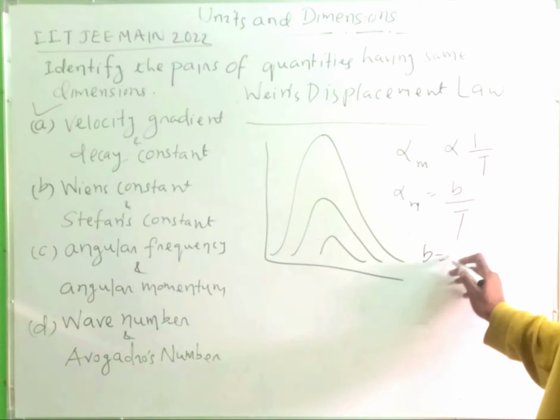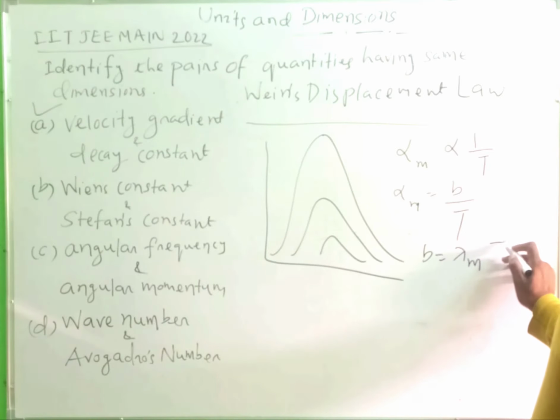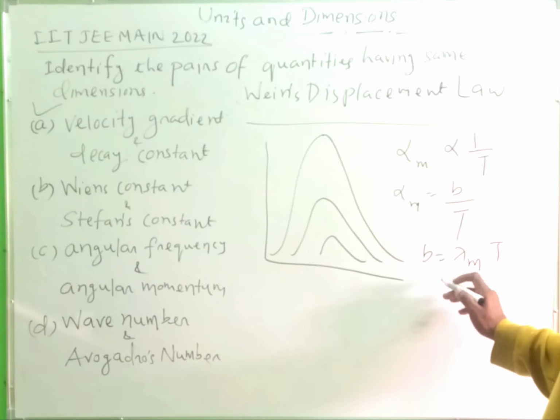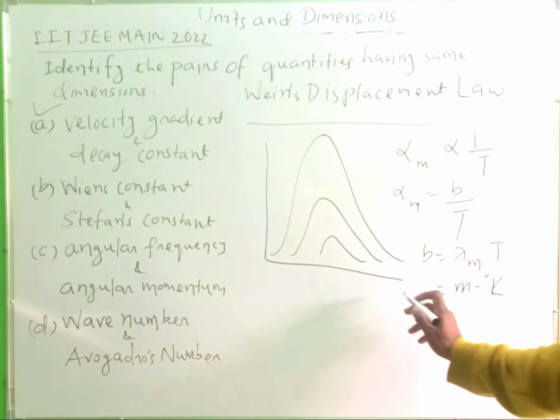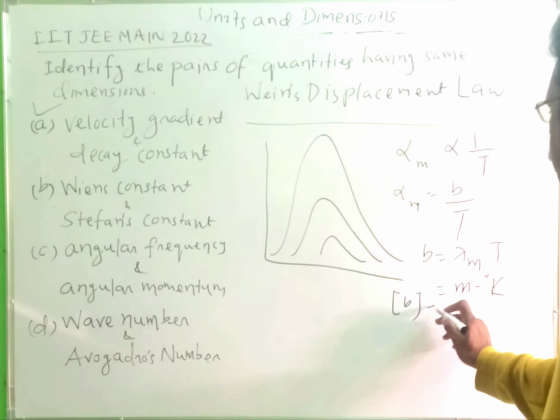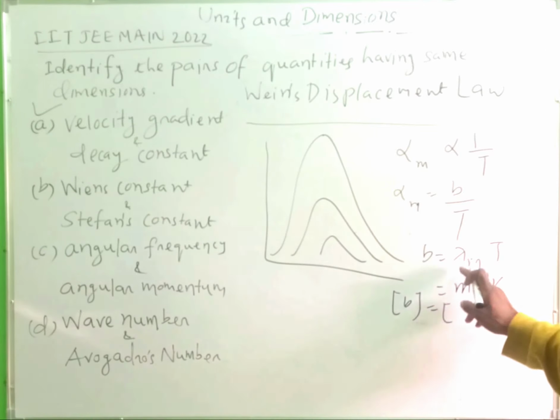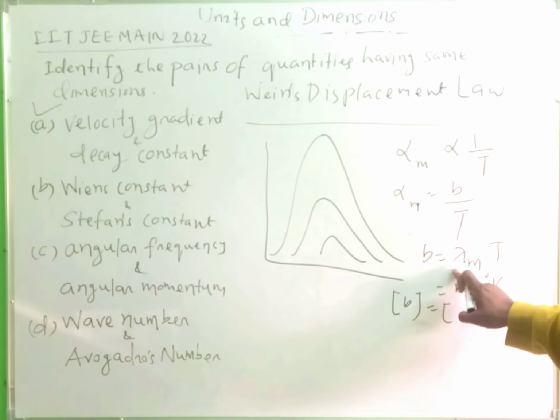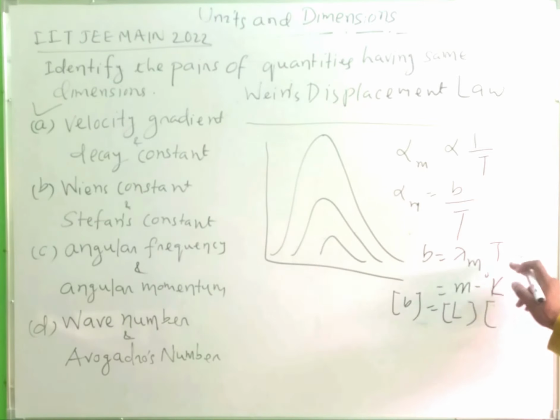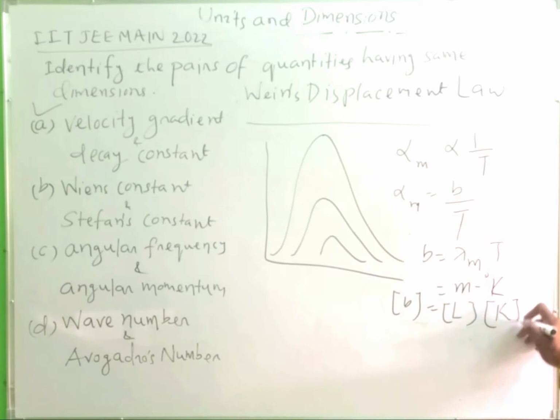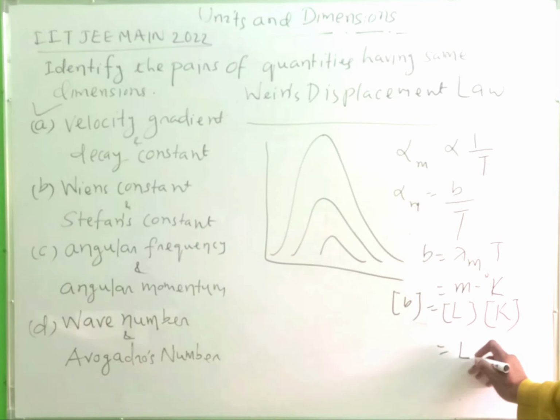So b is equal to lambda m times T. Its SI unit is meter Kelvin, and what will be its dimensions? Dimensions of b will be equal to lambda, a wavelength, and you know wavelength means a distance, so the dimension will be L, and that of temperature is Kelvin. So this becomes LK. Okay, students?